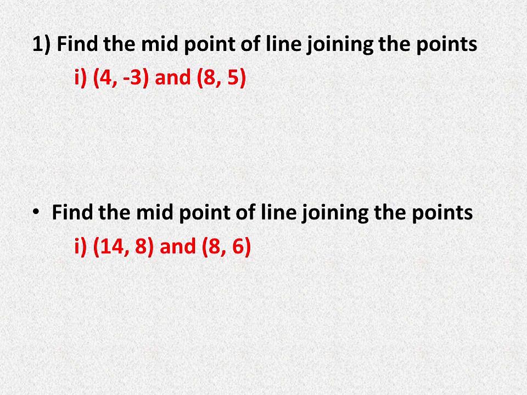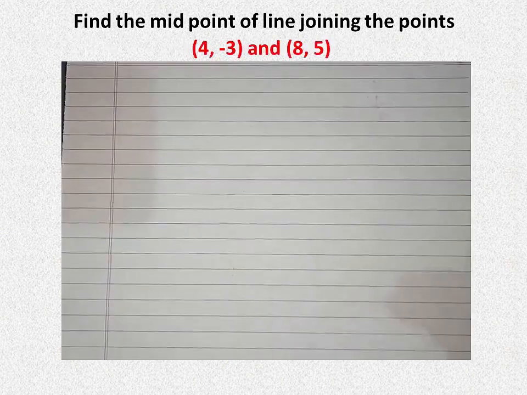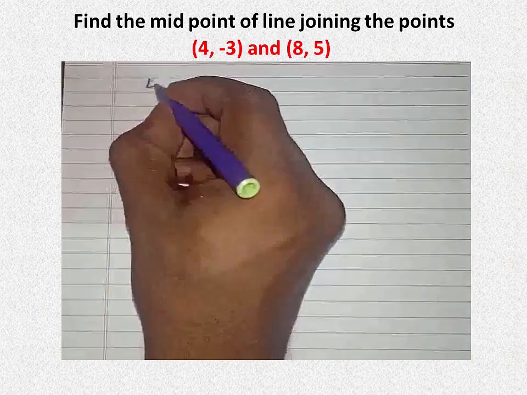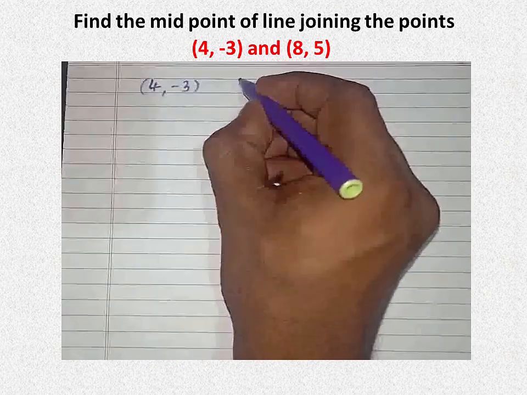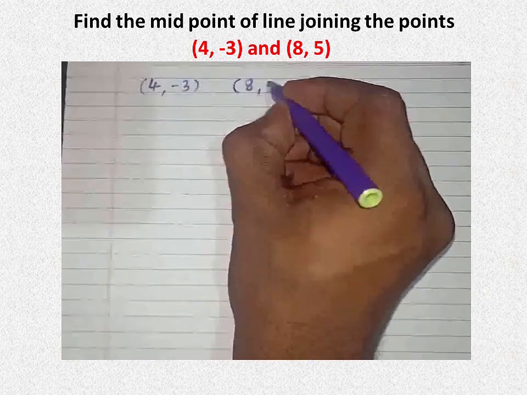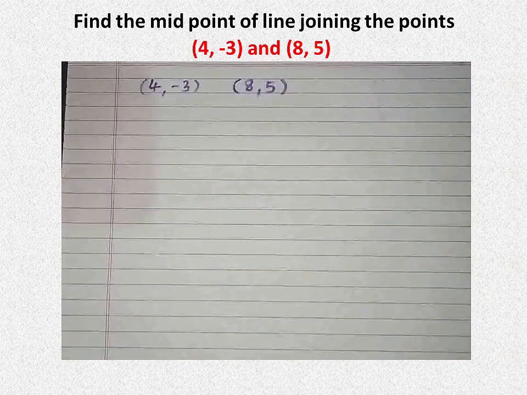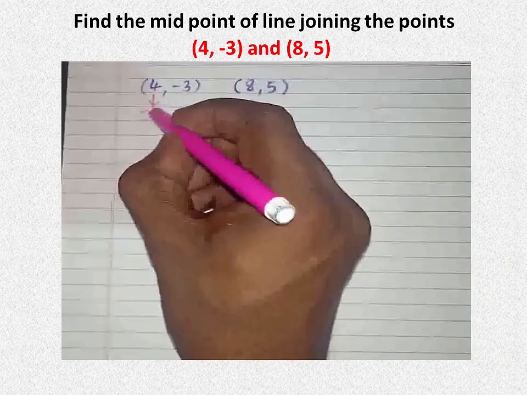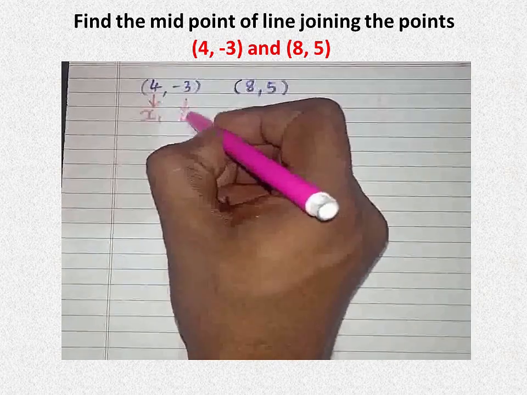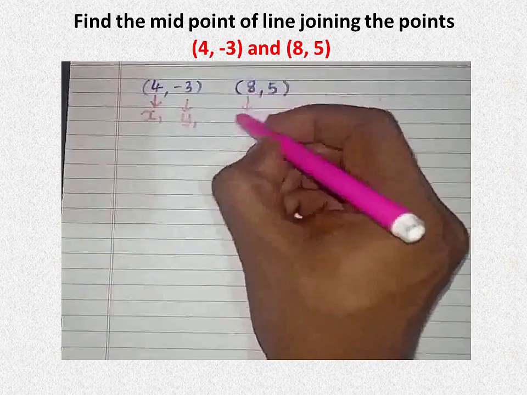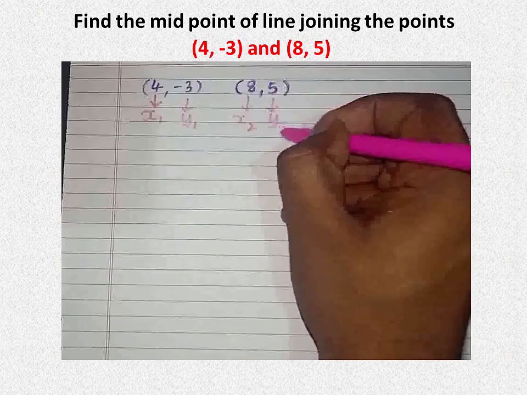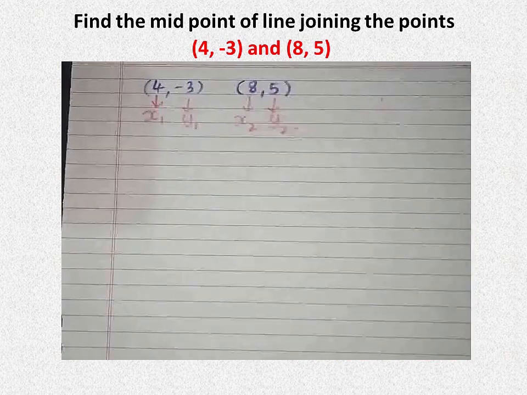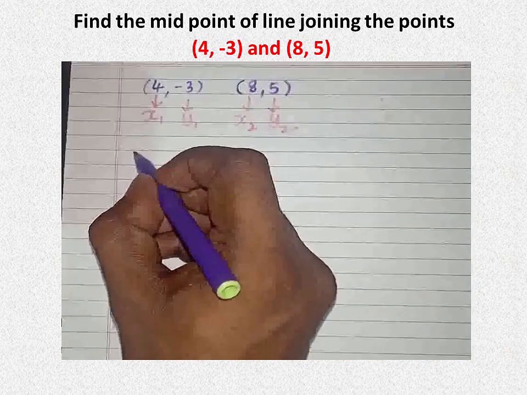Finding the midpoint of the line joining the given points. First question I will solve. So I will write down the points 4, minus 3 and 8, 5. Now identify the coordinates x1, y1, x2 and y2. x1 becomes 4, y1 is minus 3, x2 is 8, y2 is 5.